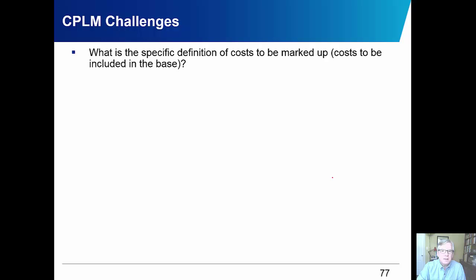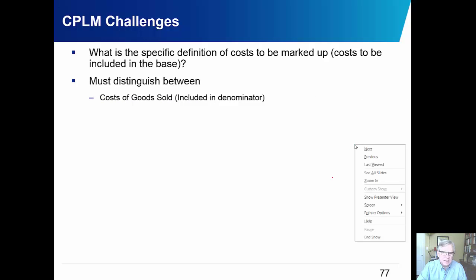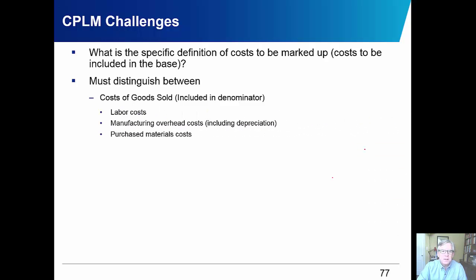In the cost of goods sold, we need to distinguish between what is part of cost of goods sold, because that's in our denominator, and that's going to include the labor costs that we have if we're hiring workers, the manufacturing overhead costs, including depreciation because we have a factory, let's say, using machines, they are all depreciating, and the purchased materials costs, those things that we have to buy, such as materials, steel, copper, whatever, to turn it into whatever product we're making.